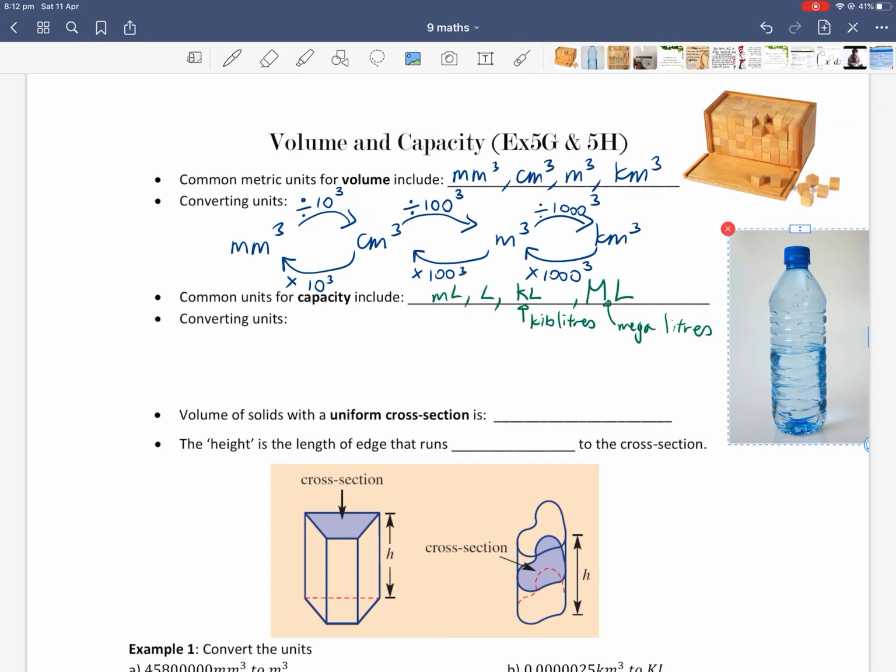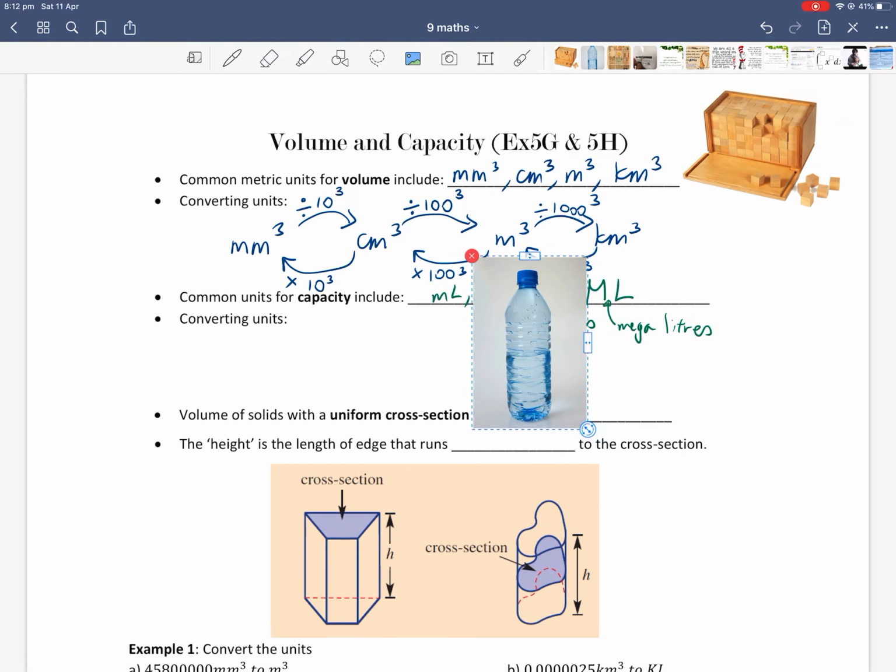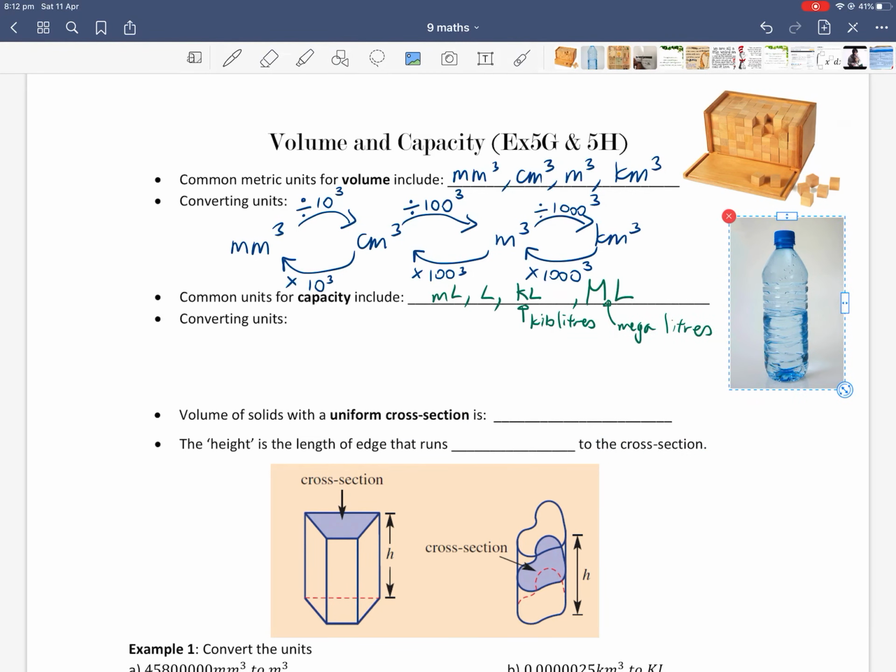Essentially they're both talking about how much stuff can be inside the boxes of interest, but volume is cubic units, whereas capacity is what we usually measure liquids in, so liters, milliliters, or megaliters if you're measuring the amount of water in the Olympic pools.